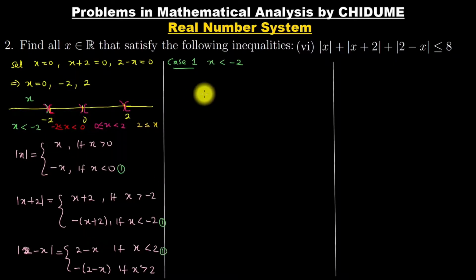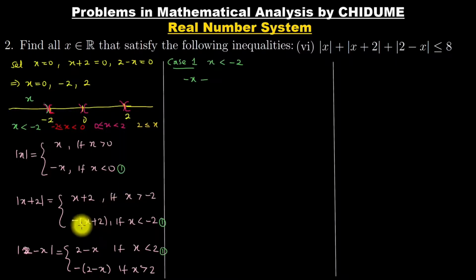So I will just have this to be negative x. So if x is less than negative 2, the absolute value of x would be negative x from here, then plus, I just need to expand this. I don't need to rewrite this.